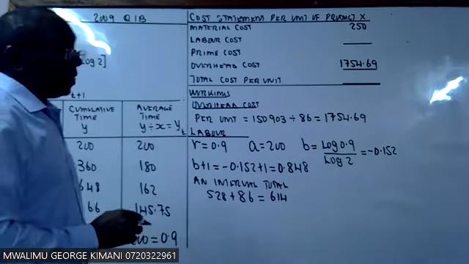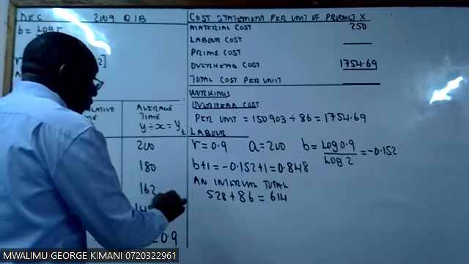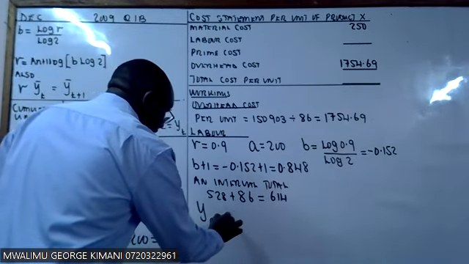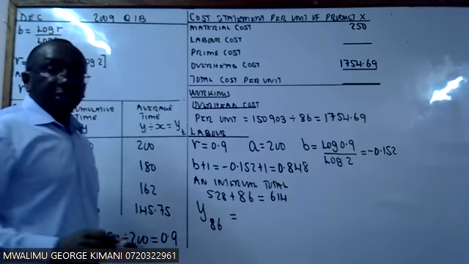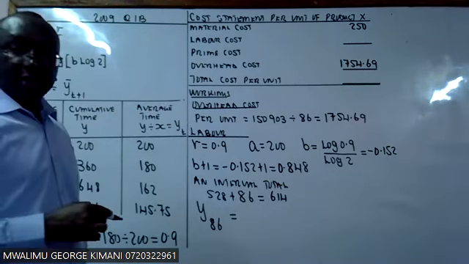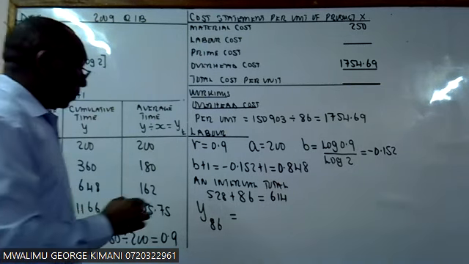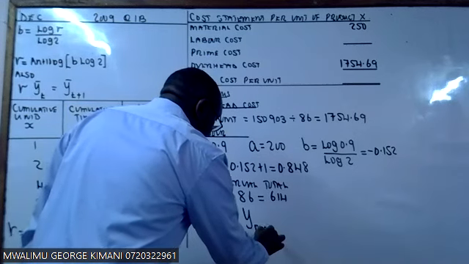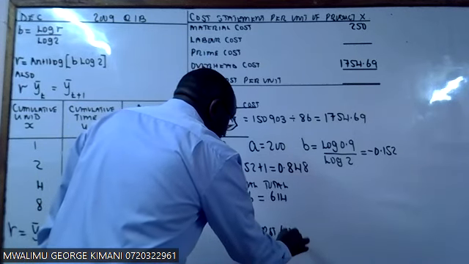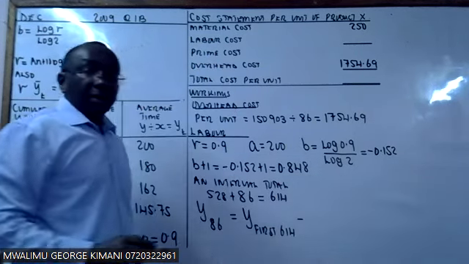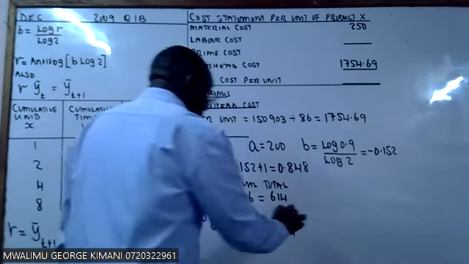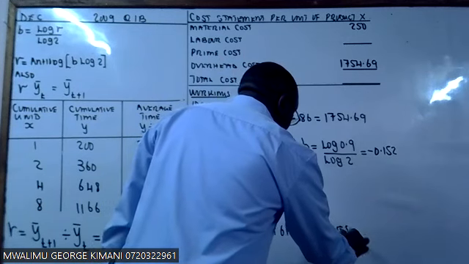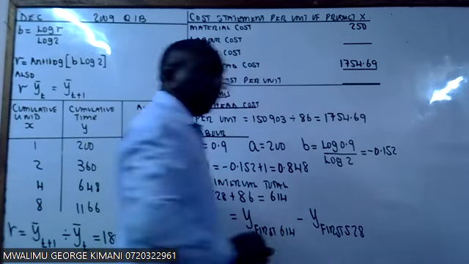So if we are told to get Y for the 86 units, you will say it is Y for the first 614 minus Y for the first 528.